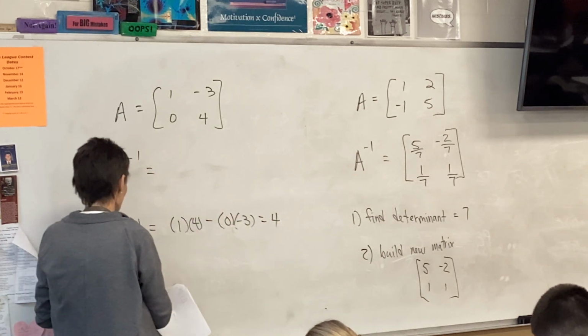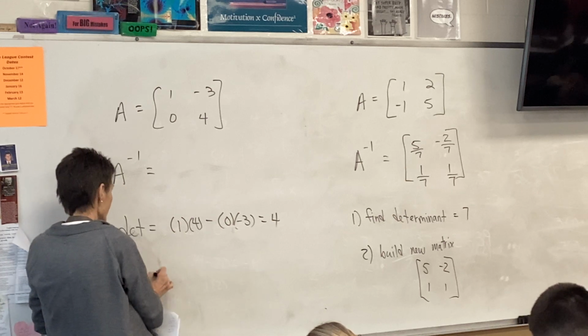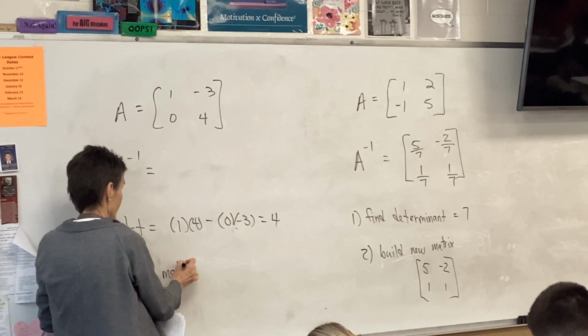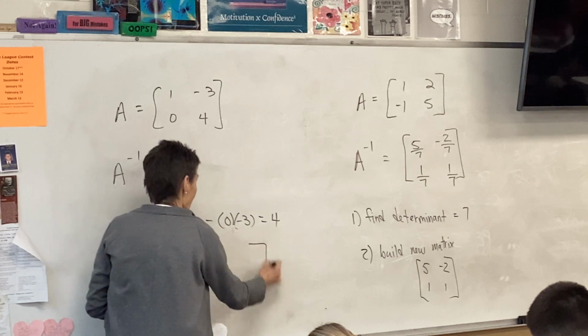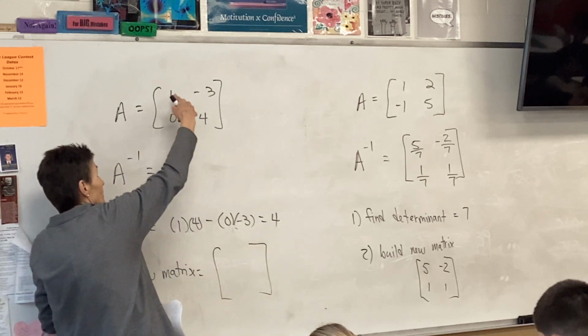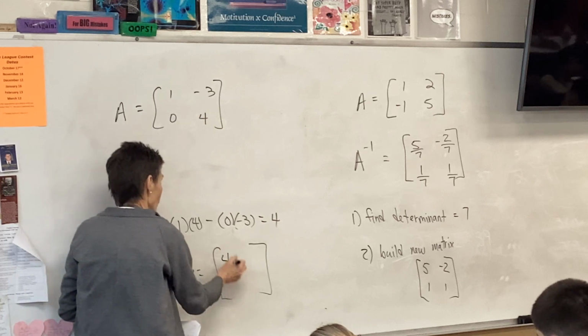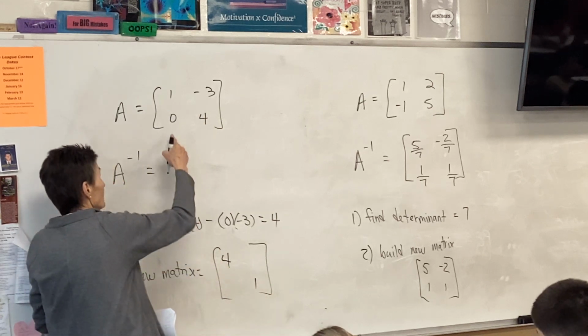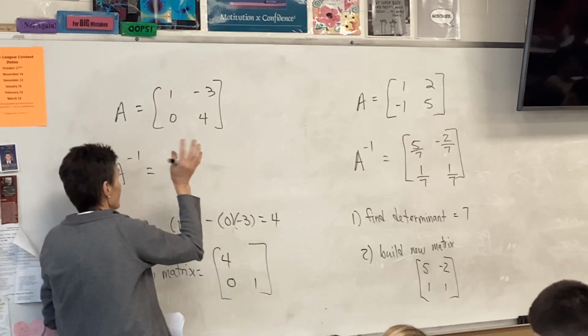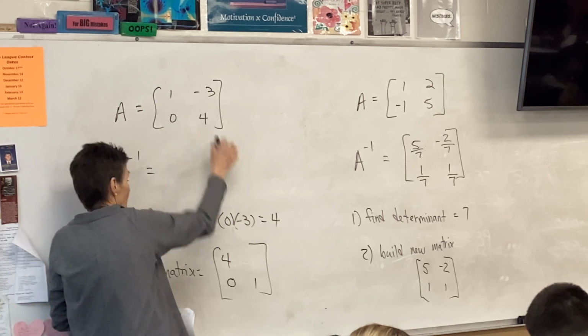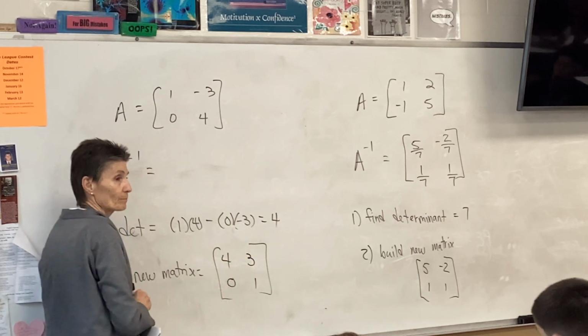Now hang on to that number. Now you're gonna build your new matrix. And how do we build that? These two get flipped. So I'm gonna have 4 and 1. Now that's a 0, so that can't change. And that becomes a +3.